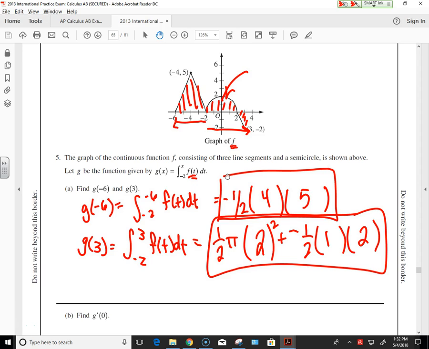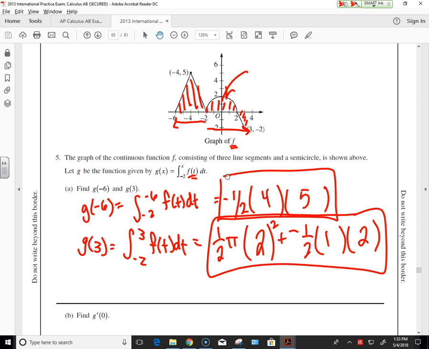You keep area the same, or opposite, based on the bounds, whether your bounds go the right way from -2 to 3, or the wrong way from -2 to 6. So it's the bounds, not the picture, the bounds.